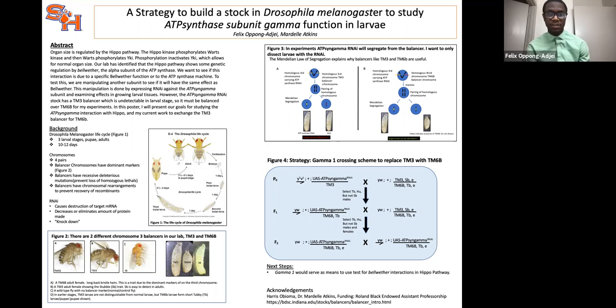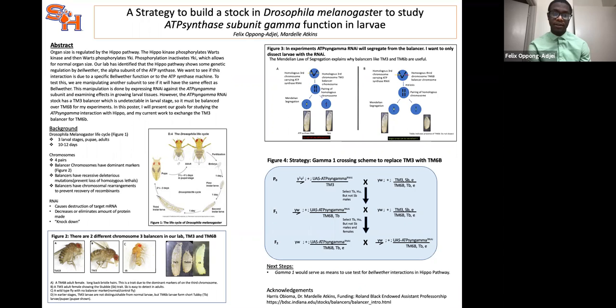To set the stage for what we're going to be talking about today, it's important to understand the Hippo pathway. In Drosophila melanogaster, the Hippo pathway regulates organ size development. The Hippo pathway is composed of kinases, and essentially a kinase is an enzyme that puts a phosphate group on other molecules.